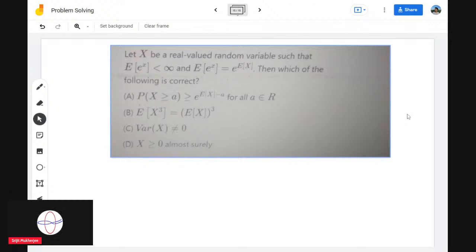Romit, how do you do it? I use the Taylor series of e and compare the coefficients. Very good. And what is coming out? I think B was the option. So Romit, did you understand, guys?